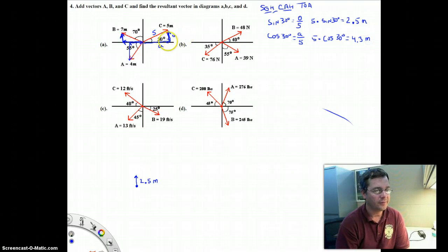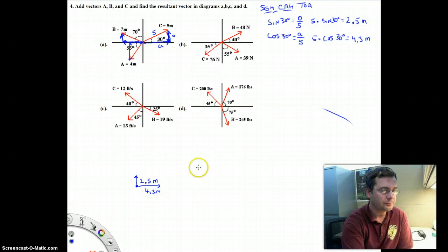And if we think about the direction of this first vector, it's to the right. So we will draw a vector down here on our free body diagram, 4.3 meters to the right.